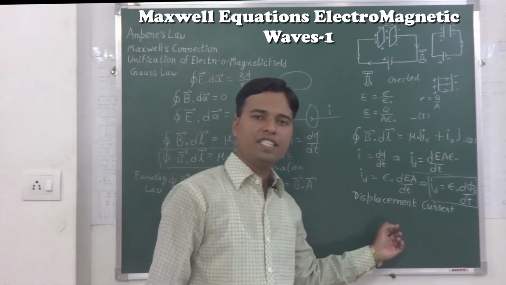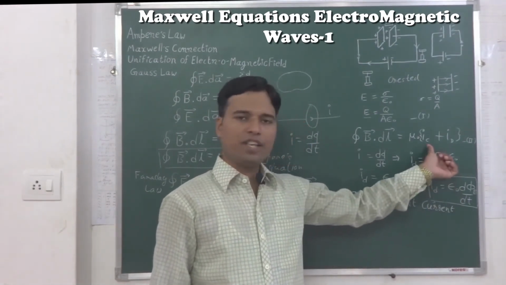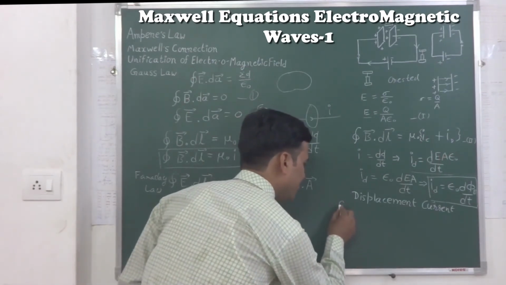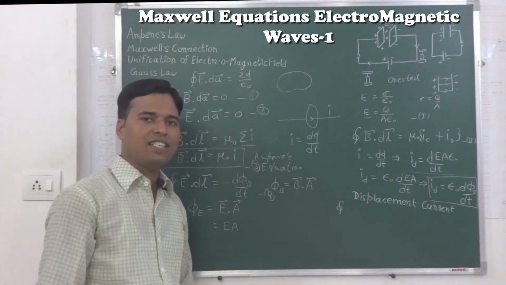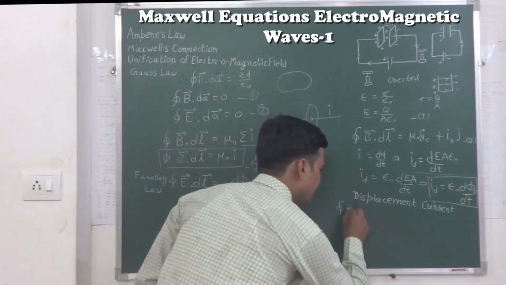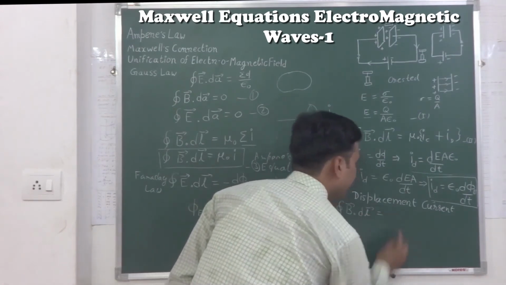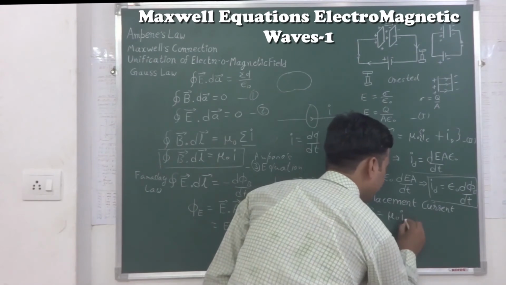Now dear students, we will replace this term ID in this above equation second, and we will get the final expression after the Maxwell's correction. B vector dot dl vector is equal to mu naught IC.